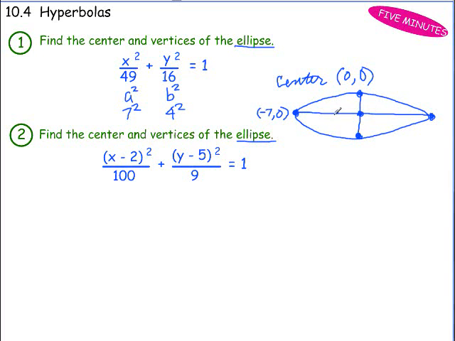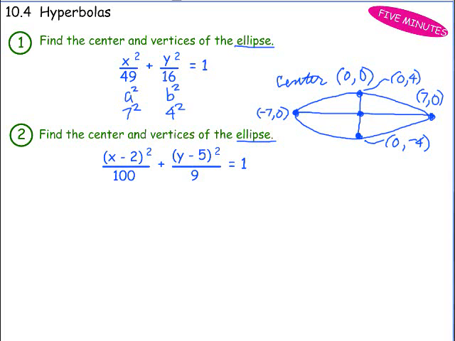Looking at less 7 from your x coordinate and making no change on your y coordinate. And this one will be +7 and 0. This point right here will be 0, 4, and this one will be 0 and -4.